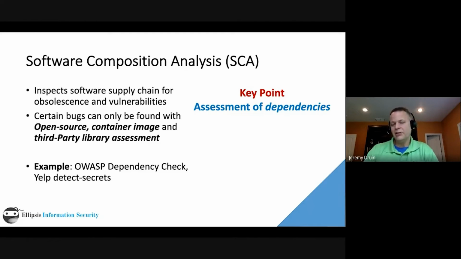Yelp detect-secrets is scanning the code looking for passwords, credentials, private keys, and other secrets that might be embedded in the code that shouldn't be there and that you would want to pull out and use a secrets manager instead of having a password or a private key or something hard-coded into the source code where just anybody can read it and get a hold of your secret.